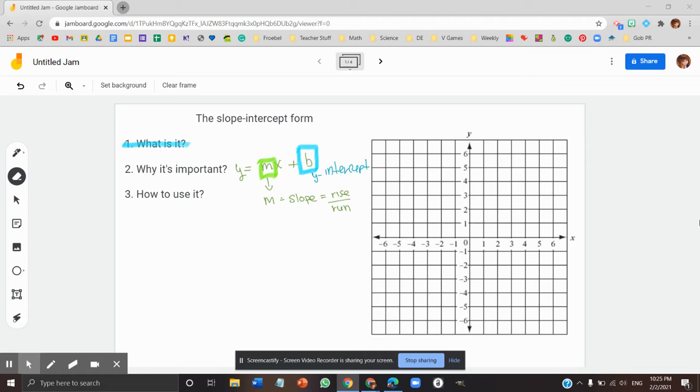It's the form that we use, like the format that we would use to represent a linear equation where we have an input. We're going to put that input in that equation and get from it an output. So again, that is why it is important.